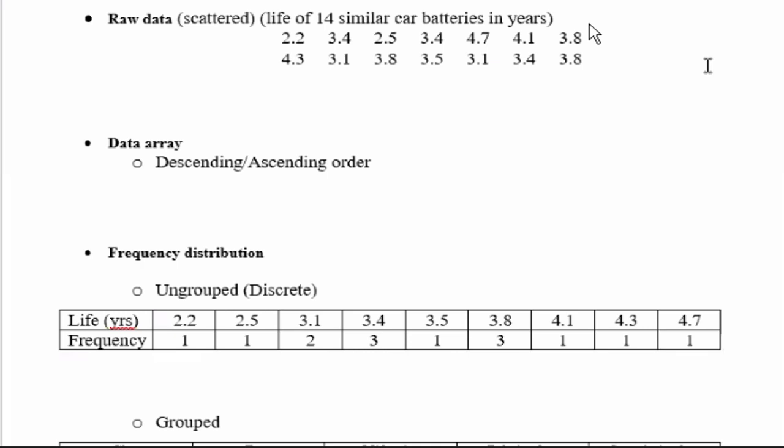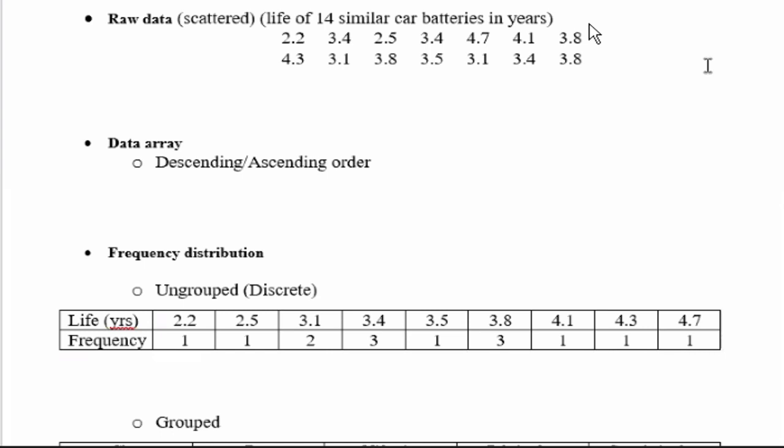This represents the life of car batteries in years. And this data says there are only 14 data points here. But when we come across any analysis, data are huge in number. It's not like 14, 15. It's in hundreds and thousands and so on.